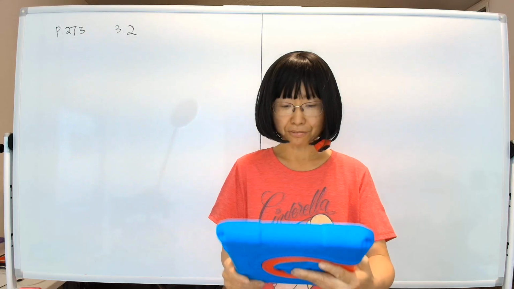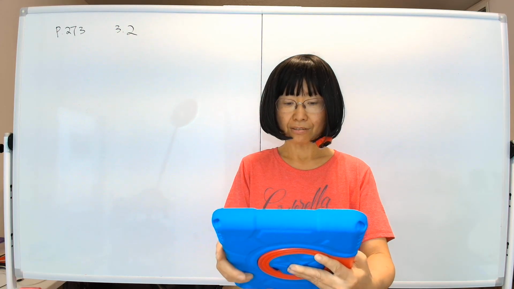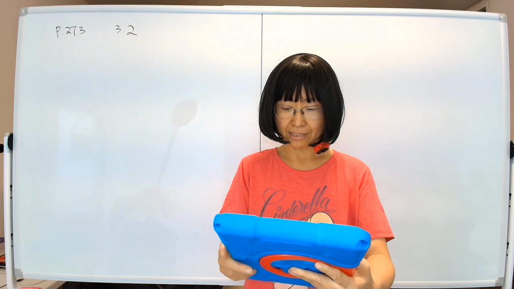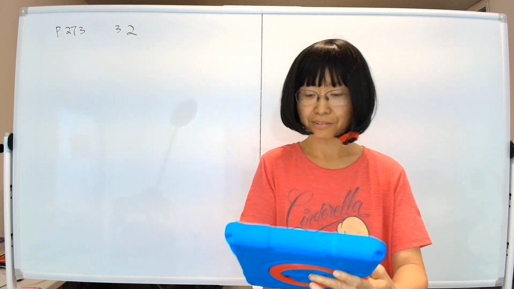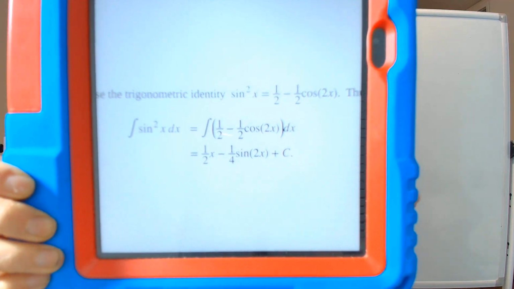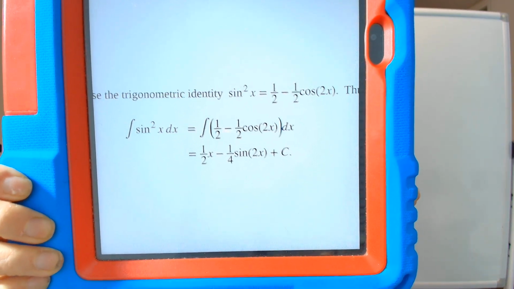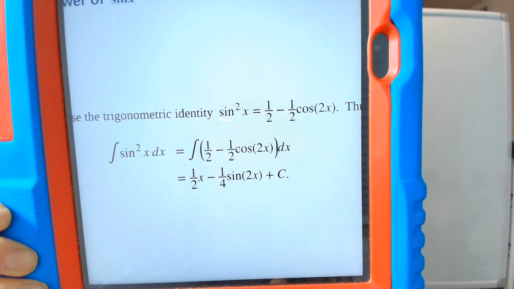Now, example 3.10, we have the integral of sine squared x. How would you do that? Well, if it's just sine squared, we'll stick in the half angle formula. So you plug in the half angle formula, which reduces everything to a number and then just the cosine, no square.